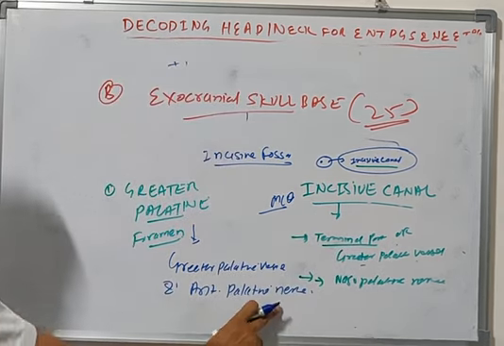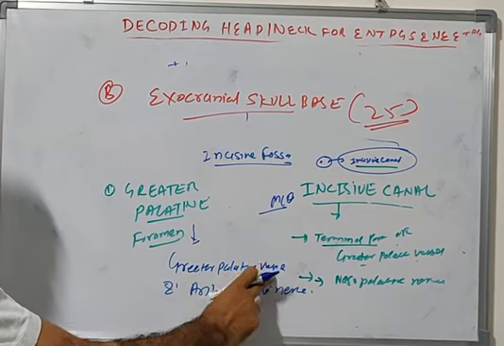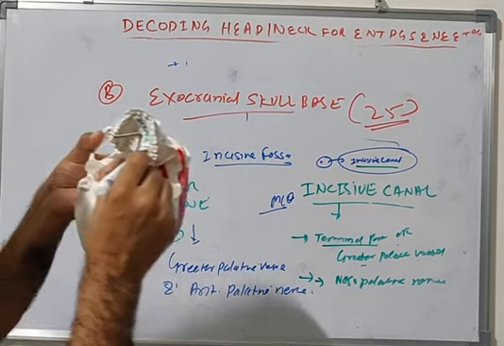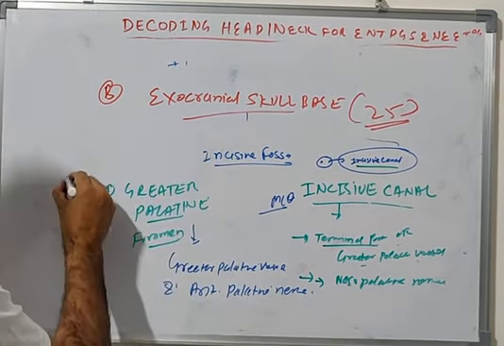Okay, the anterior palatine nerve and greater palatine vessels pass through the greater palatine foramen. MCQ.